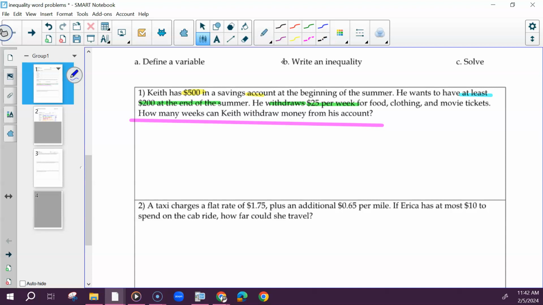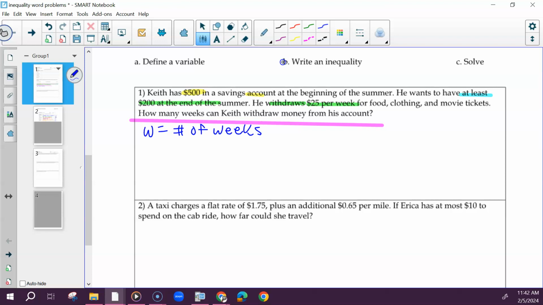Just like we were doing with our systems, the question is going to help you with the variable. How many weeks, so we can call that W for number of weeks. You could put some of the operations into the problem.